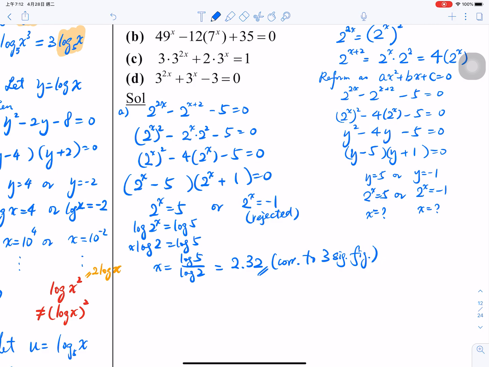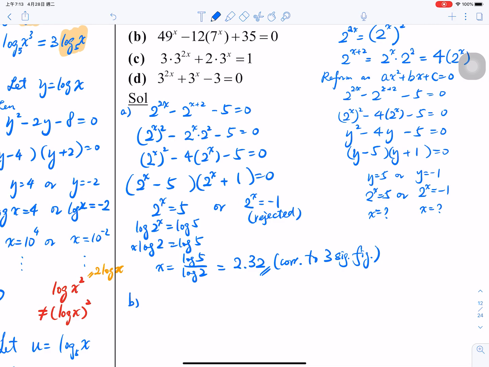Good. Let's have a look at part B. Part B: 49 to the power x minus 12 times 7 to the power x plus 35 equals 0.